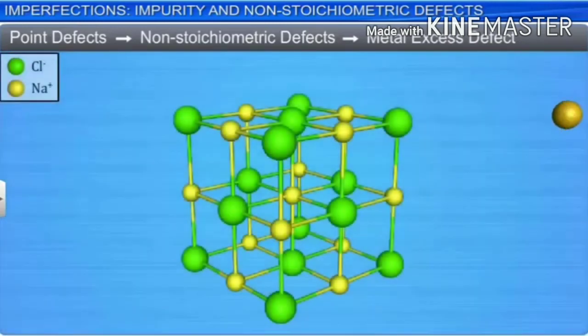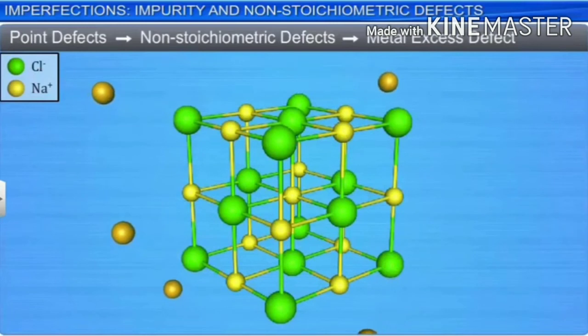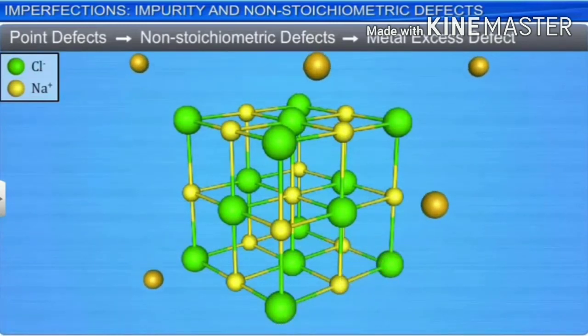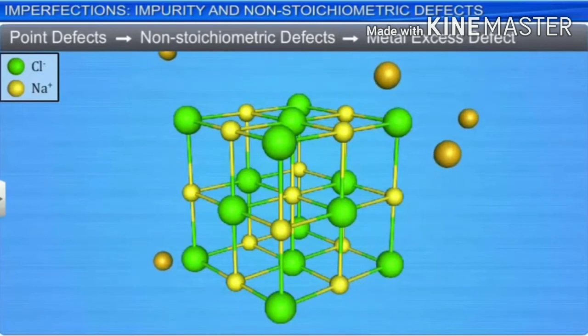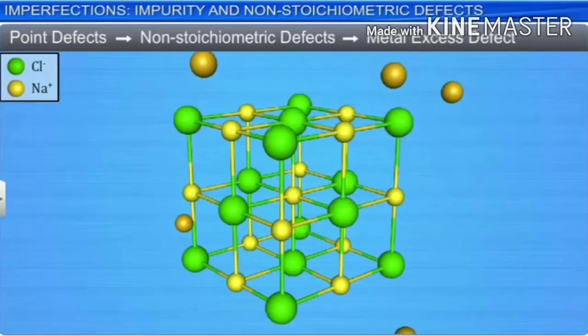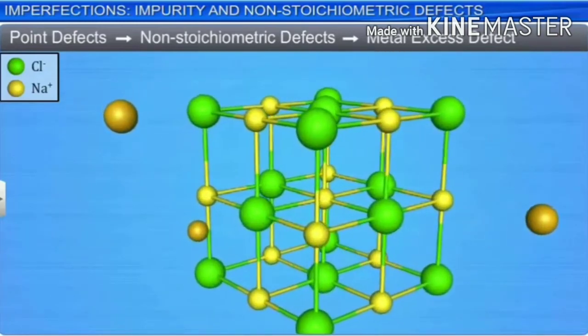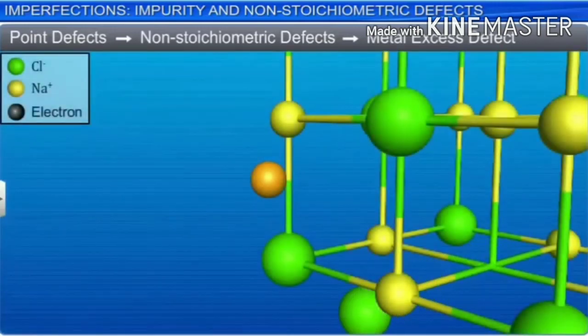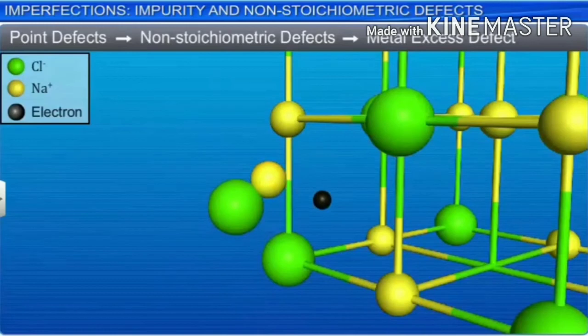When crystals of sodium chloride are heated in an atmosphere of sodium vapor, the sodium atoms are deposited on the surface of the sodium chloride crystal. The Cl- ions present in the crystal diffuse to the surface and combine with the sodium atoms present there to give sodium chloride.